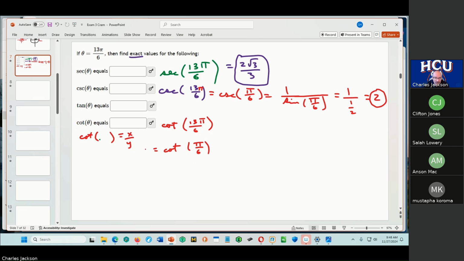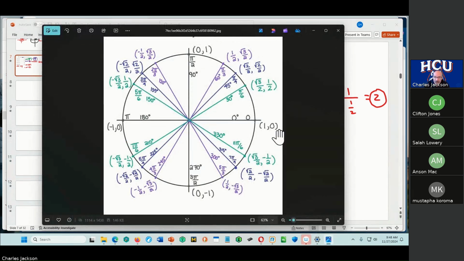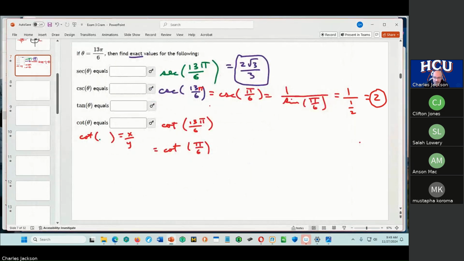And on the unit circle at pi over 6, x is square root of 3 over 2, and y is 1/2.